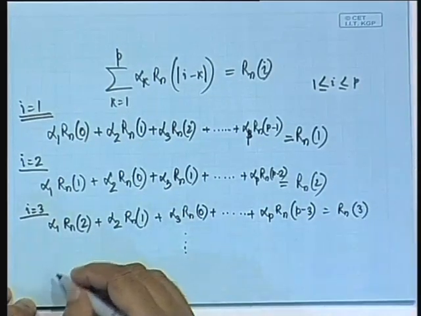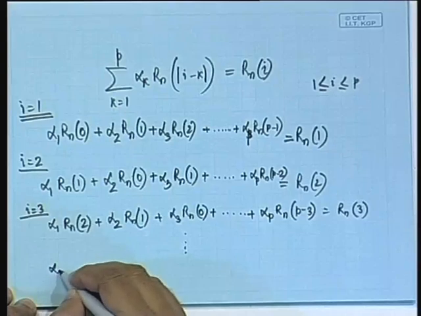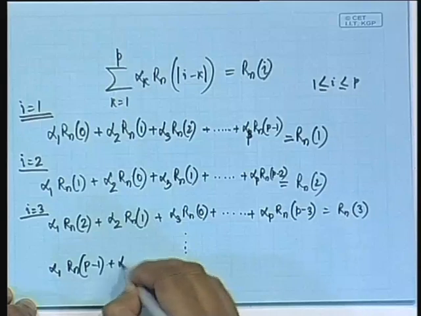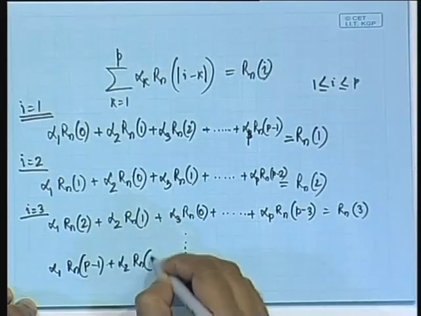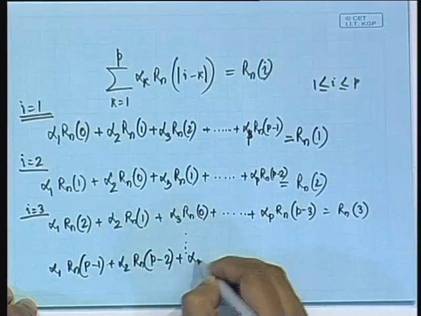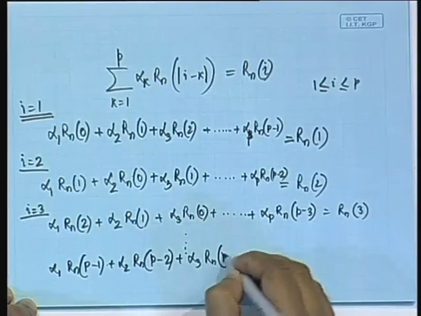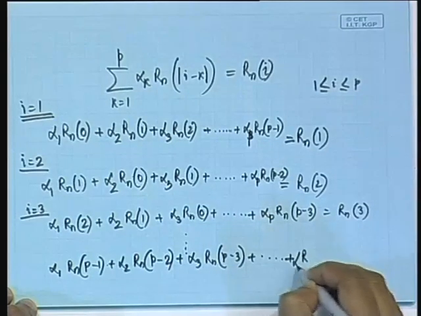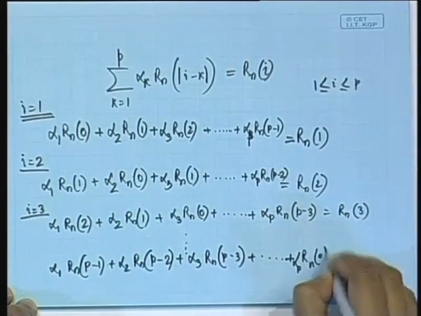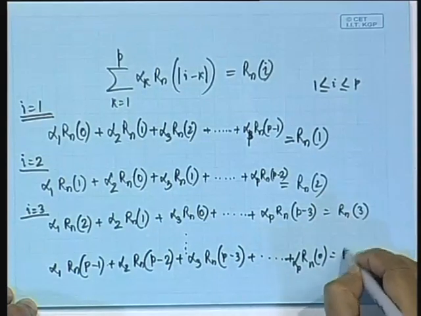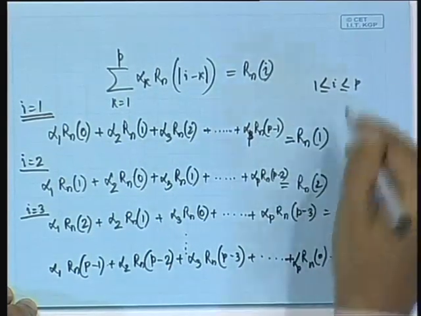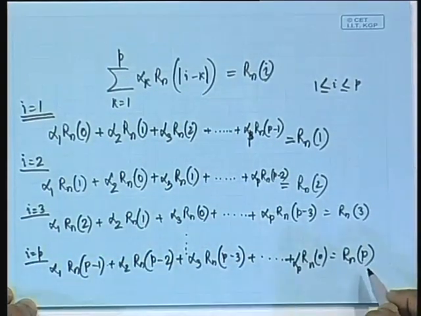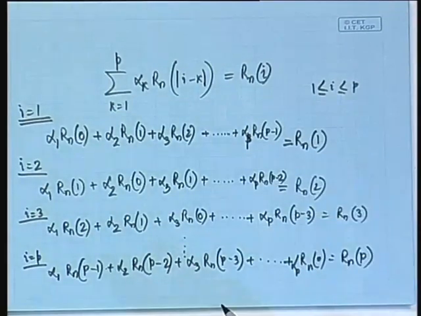We go on, and the last one will be alpha 1 Rn p minus 1 plus alpha 2 Rn p minus 2 plus alpha 3 Rn p minus 3 plus so on, and the last term will be alpha p Rn 0, which will be equal to Rn p, because for the last expression we have to substitute I is equal to p, right.